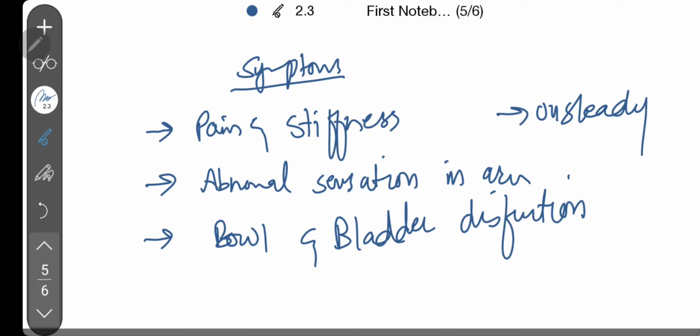So that depends on the severity, starting from neck pain and stiffness, then abnormal sensations, stiffness and weakness of the arm, and then the legs: walking is impaired and becomes unsteady. There's spasticity of the legs. The reflexes become exaggerated, and in more severe cases, bowel and bladder dysfunction occurs.